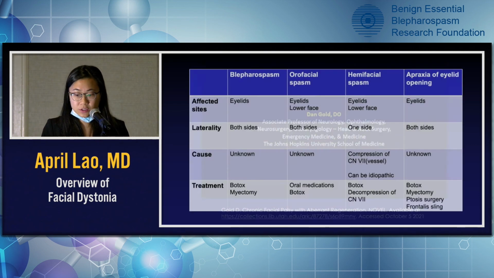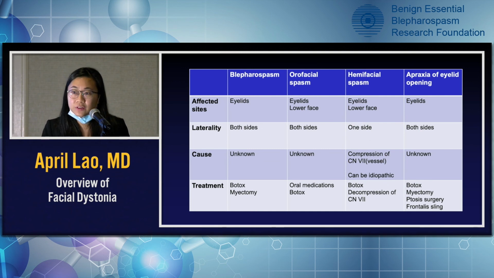Okay, and then this is just a summary table of everything we've talked about today. Laterality-wise, remember that blepharospasm and apraxia of eyelid opening are just affecting the lids, whereas the orofacial spasm and hemifacial spasm will affect upper and lower. Hemifacial spasm will affect one side, whereas the rest will affect both.